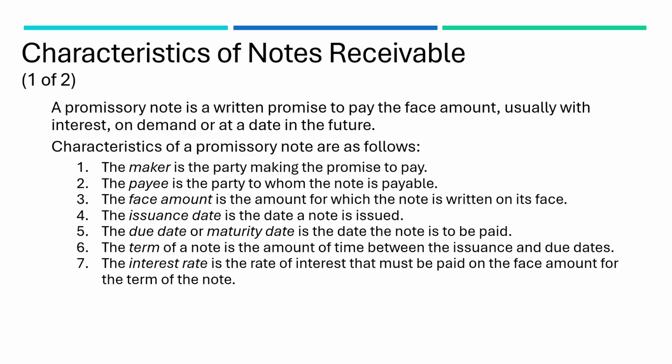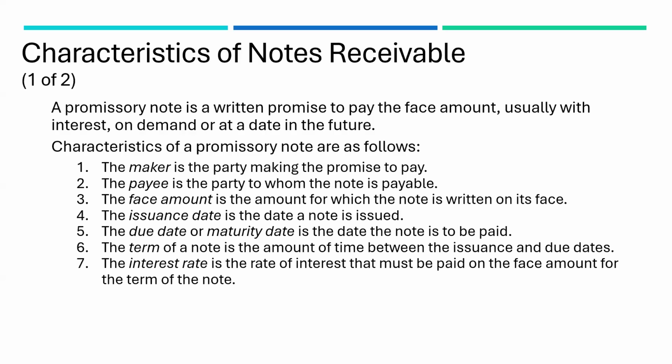The face amount is the original amount of the note, which is the amount written on the face of the note, which is usually the amount that the interest is calculated based on as well. And the issuance date is the date the note is issued.